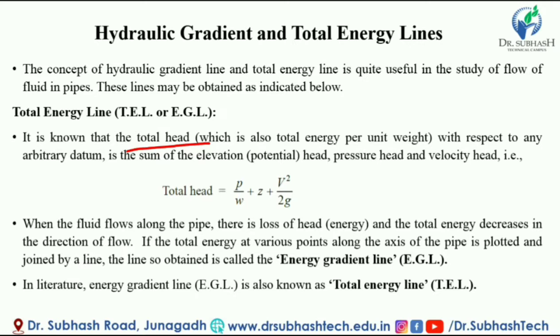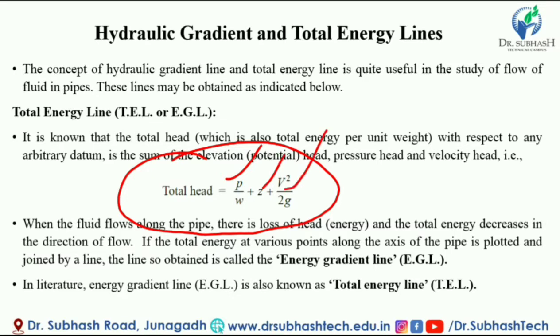The total head is the sum of potential head or elevation head, pressure head and velocity head. Mathematically, total head or total energy is equal to potential energy, pressure energy and velocity energy or kinetic energy.